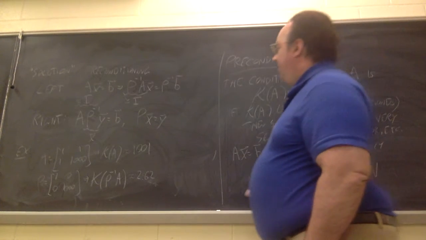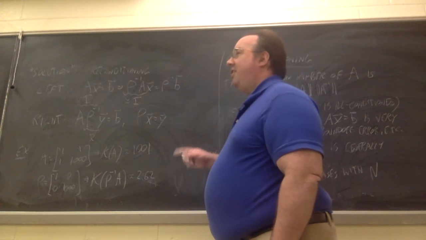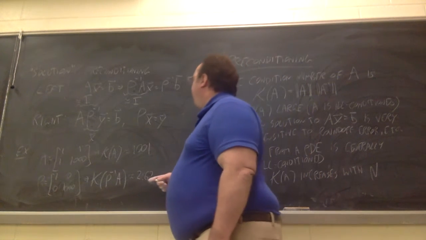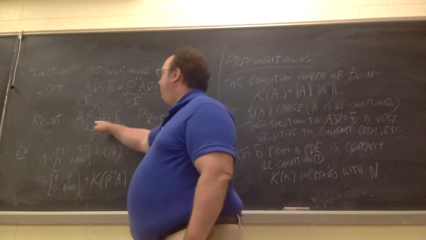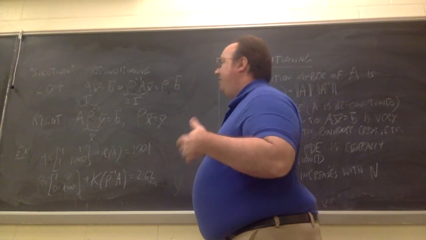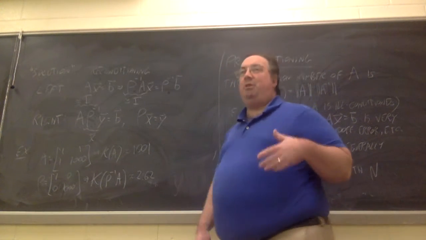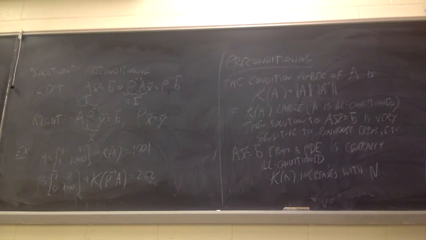But implicit in these equations is another criterion. Because notice I have P inverse B, and here I have P inverse Y. So I have to solve another system. I'm already trying to solve a system involving A, but now I have to solve a system involving P also.